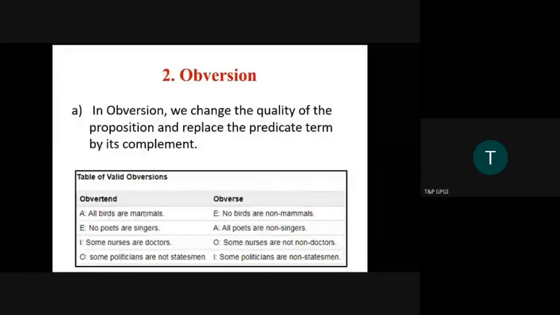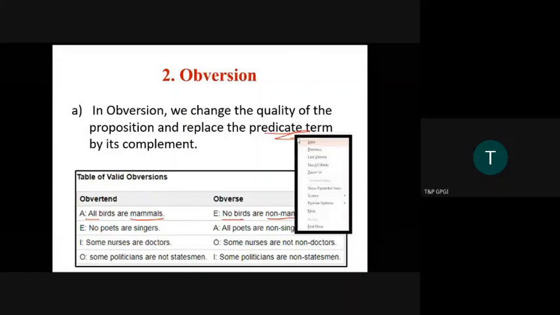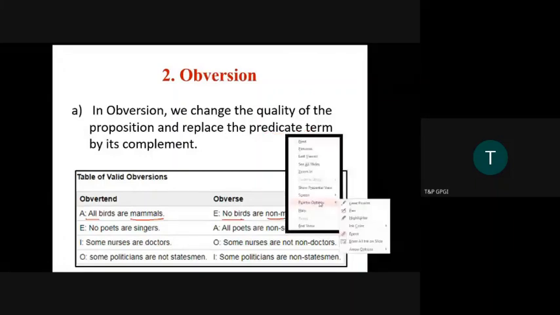We changed all to no and mammals to non-mammals. That means we are replacing the predicate term with its complement, and that is obversion.